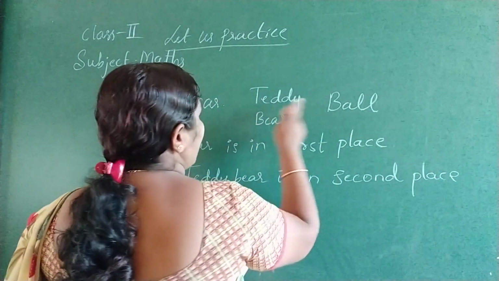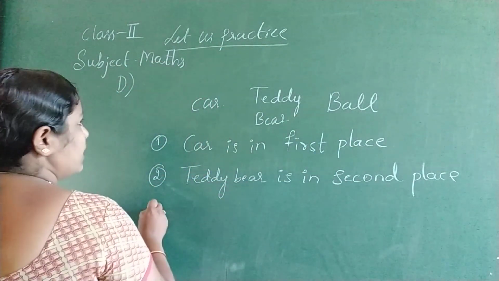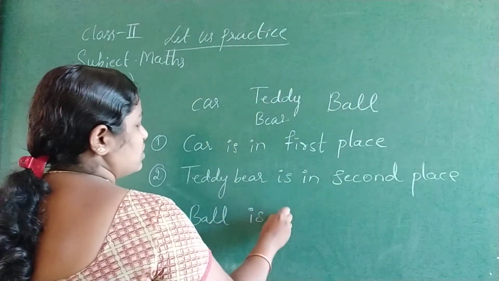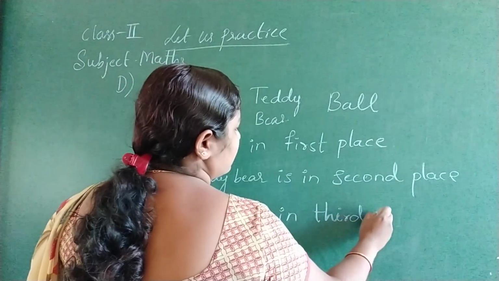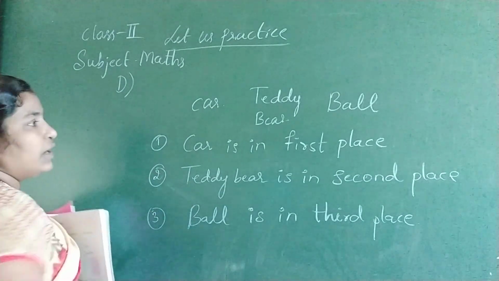So this is the order in which the toys are kept. And the third one, ball is in third place. Okay, this is question number D.